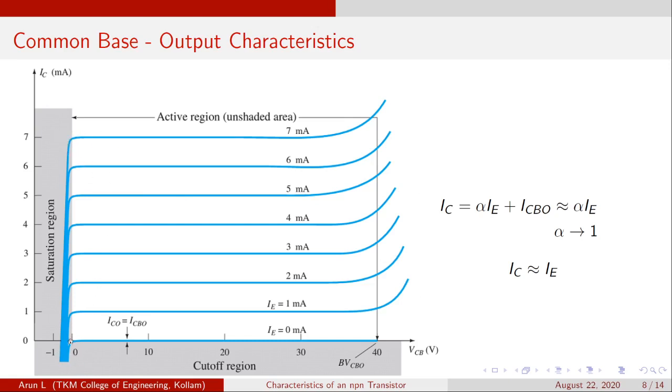You can see this is the VCB equal to 0 point. This boundary is VCB equal to 0. To the left of this, VCB is taking negative values. When VCB takes negative values, our collector base junction becomes forward biased. So the electrons coming from the emitter region will face a forward biased collector base junction.